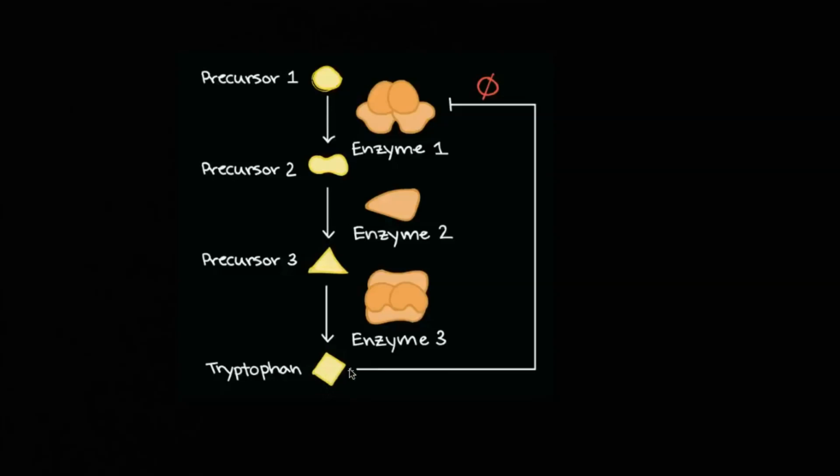Well, you actually have direct feedback inhibition where tryptophan can then bind or interact with enzyme 1 here, so that it can no longer act as efficiently taking precursor 1 to precursor 2. So this right over here, this is the classic feedback inhibition.